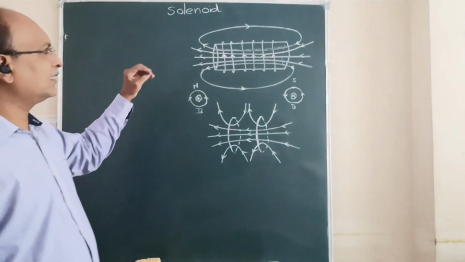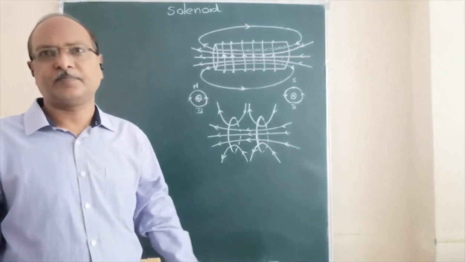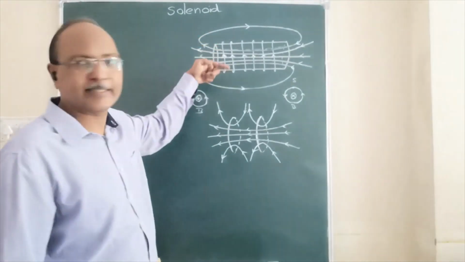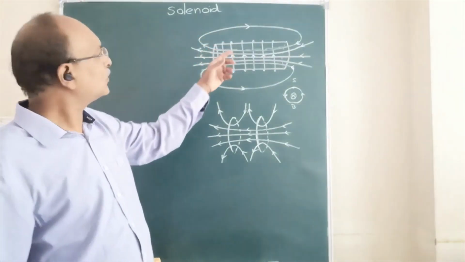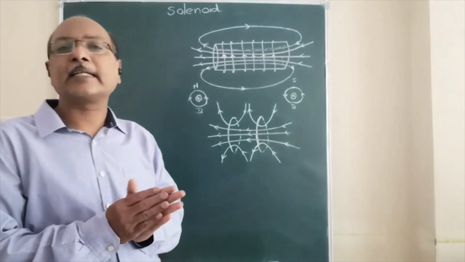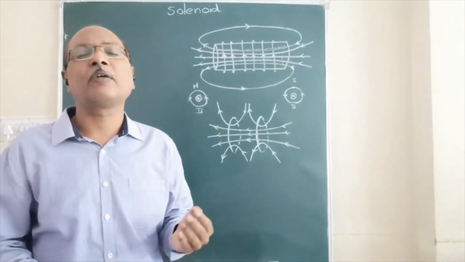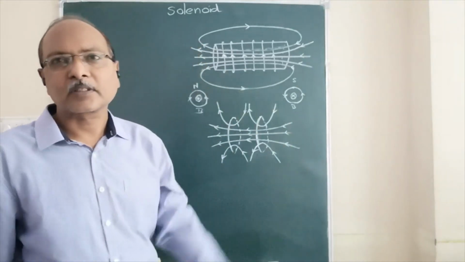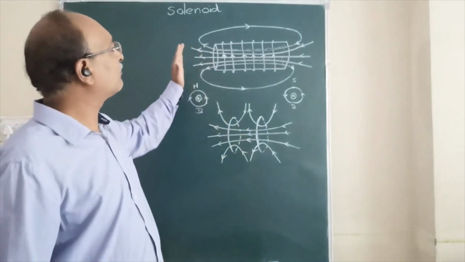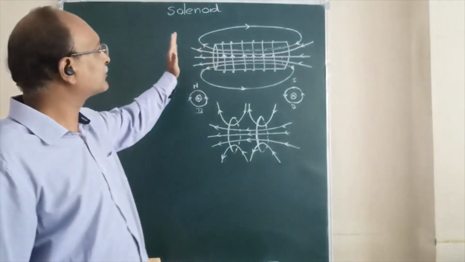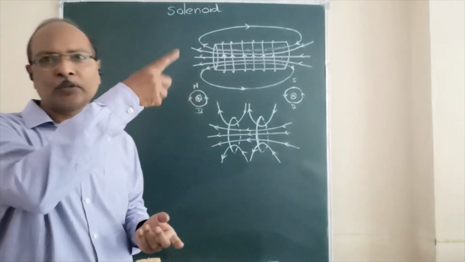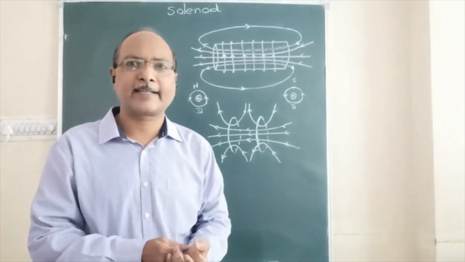Now here this is the solenoid. The current is passing, so we are showing the direction here. Due to the flow of current in the wire, a uniform magnetic field is produced inside. If you observe from this side, the current appears to flow in the anti-clockwise direction.